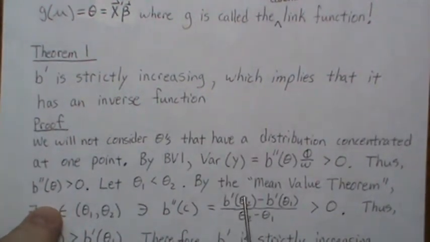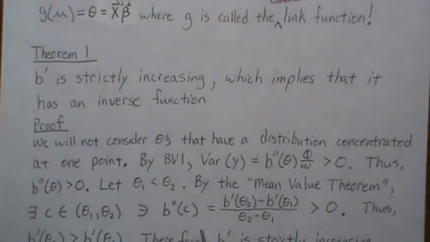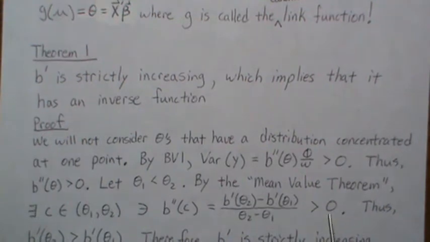So beta prime of theta 2 minus beta prime of theta 1 divided by theta 2 minus theta 1. And then that's equal to the derivative of one of these functions, which is this. But since we know that beta double prime of theta is always positive, we know this is always positive.